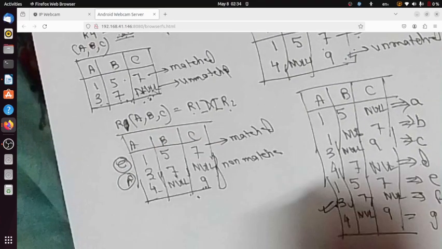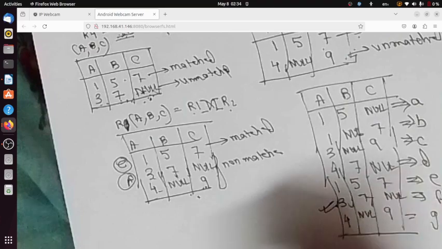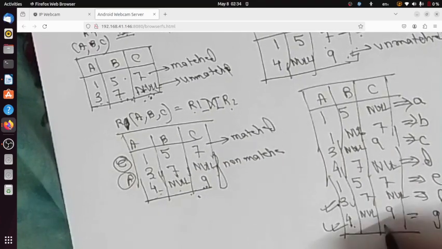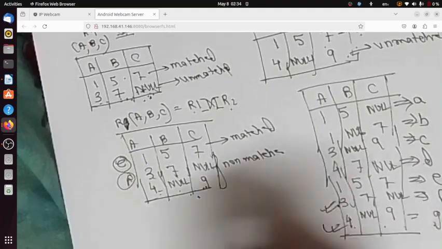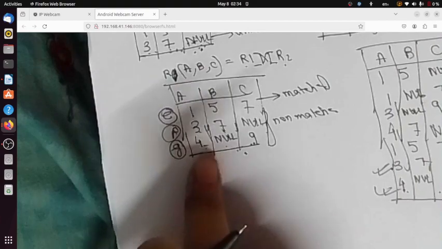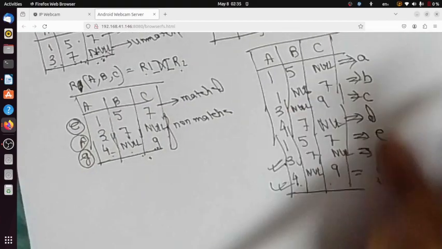Another is 4, null, 9, which is record G, also in the output relation. So among all the records A, B, C, D, E, F, G, only E, F and G will be there in the actual output relation.